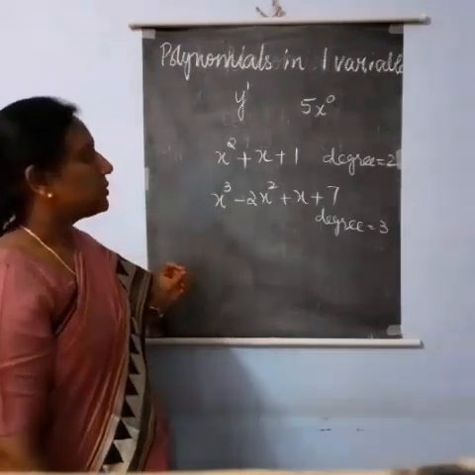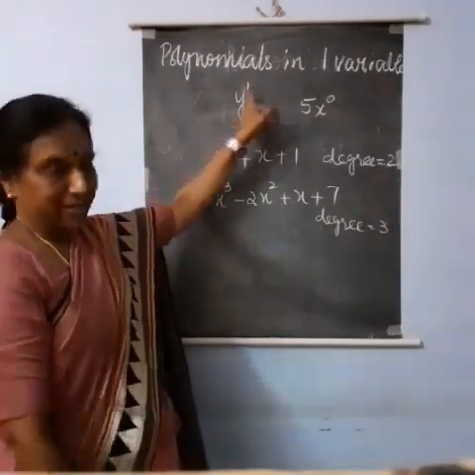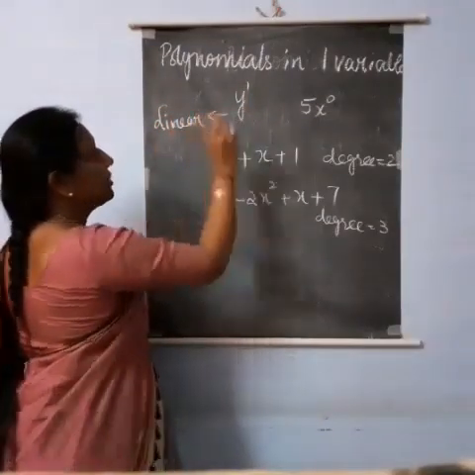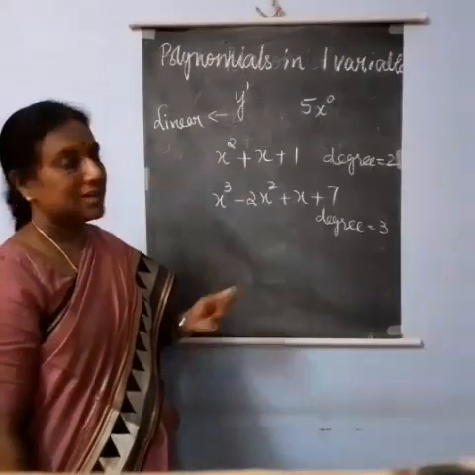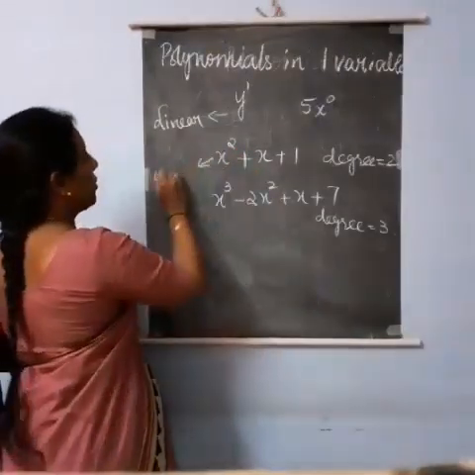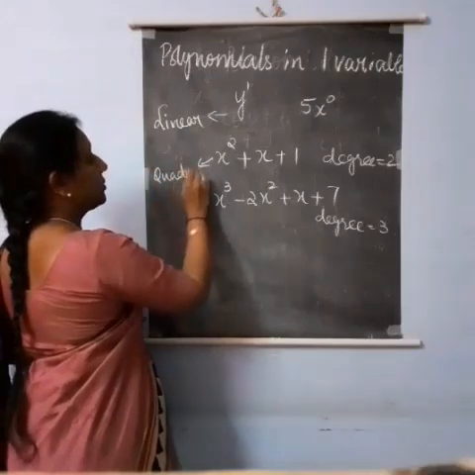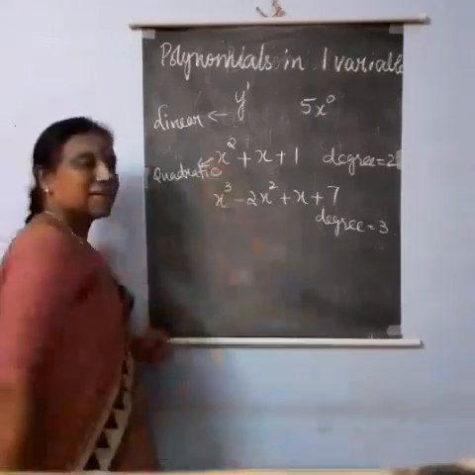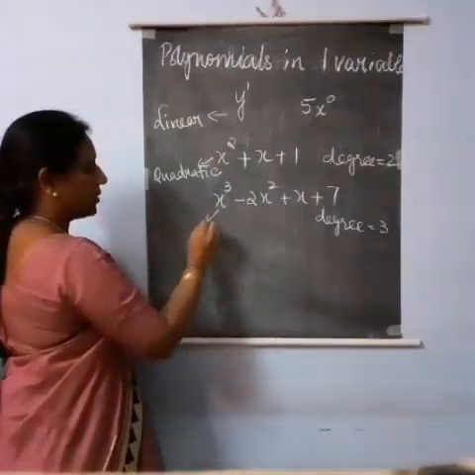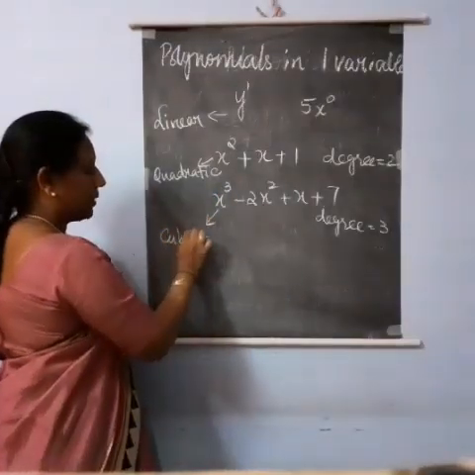Understand? So when the degree is 1, it is called a linear polynomial. When the degree is 2, it is called a quadratic polynomial. When the degree is 3, it is called a cubic polynomial.